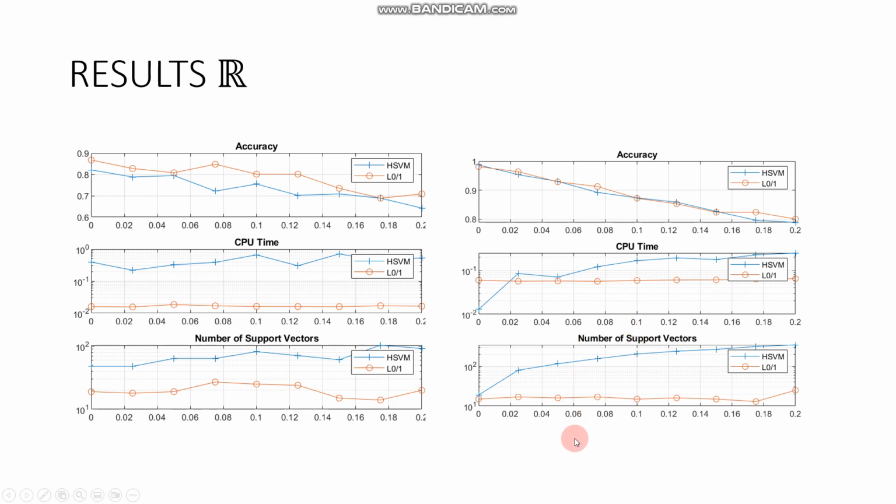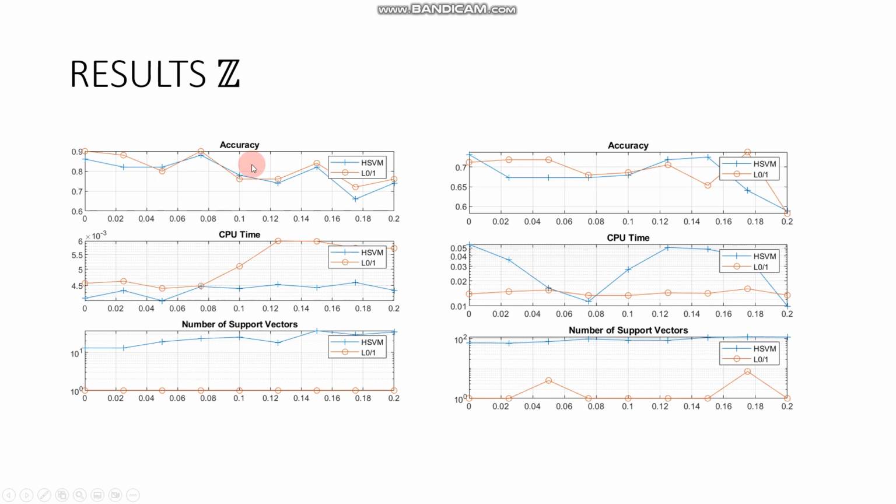And now let's focus on the data sets having integer values, necessarily non-continuous features or discrete features. For the first results, we still observe L01 SVM performing better, but for the other case, experiments on another data set, actually we have some oscillatory behavior.